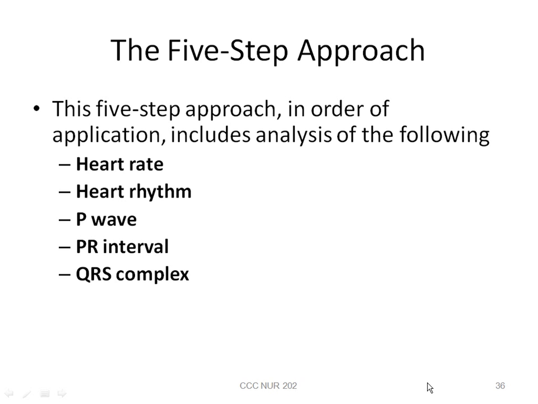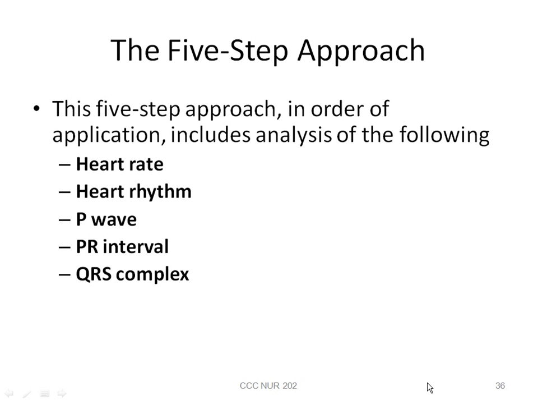We're going to look at that PR interval. What was the normal duration of the PR interval? 0.12 to 0.20 seconds, okay? So we're going to measure that PR interval. If that PR interval was within that time frame, it's normal. Is it consistent? Does it stay the same amount of time or same length throughout that rhythm strip?